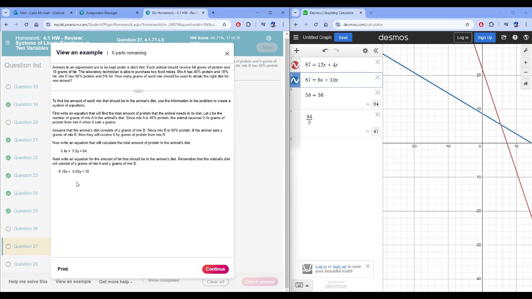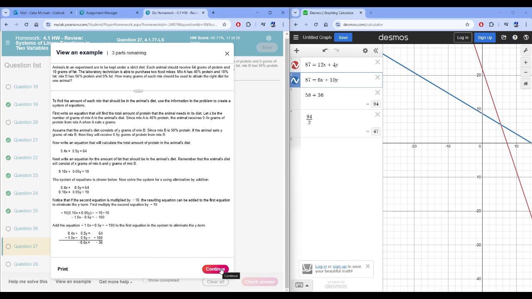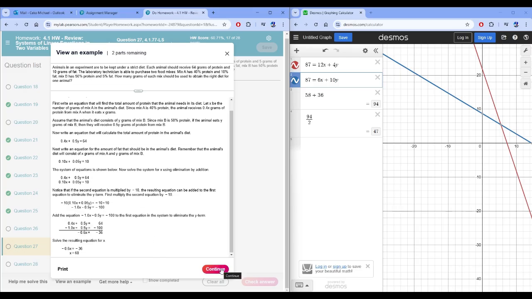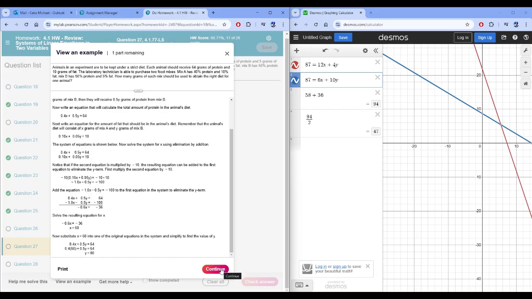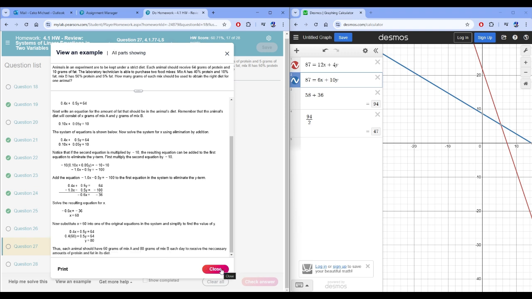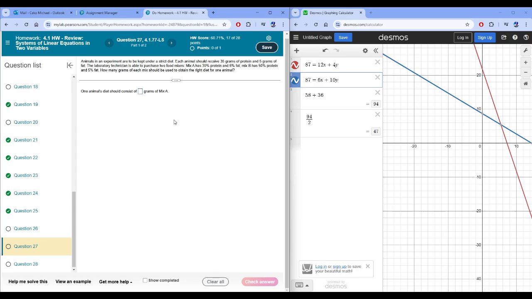And then same thing for the 10 grams of fat. Find that system of equations, solve for that. Then it's going to tell you exactly how much we should have of mix 1. Plug that back in to find how many grams of mix 2. 80 grams of A and 80 grams of B to have the correct diet. Complicated, but with the help of the viewing example, solvable.